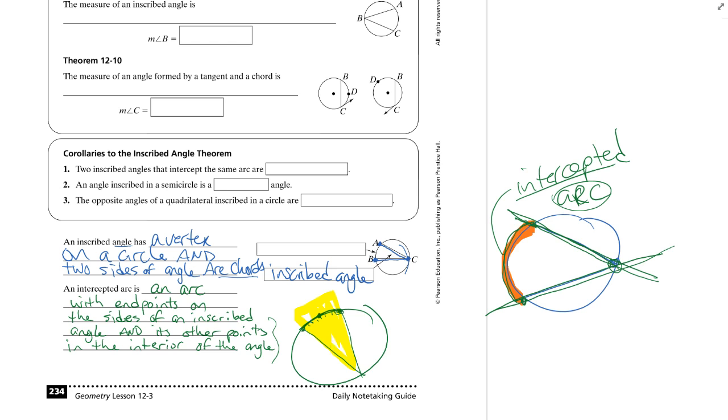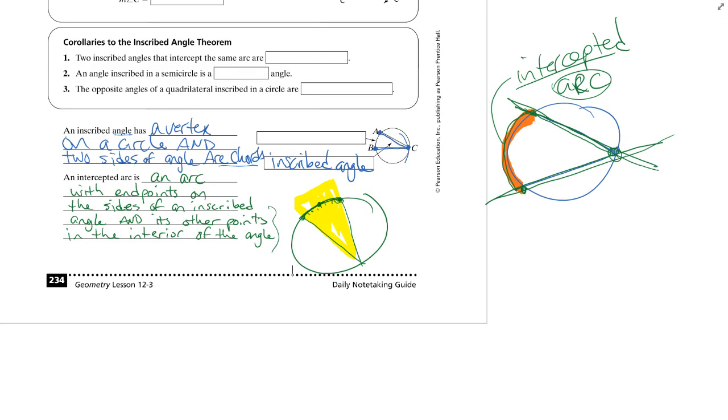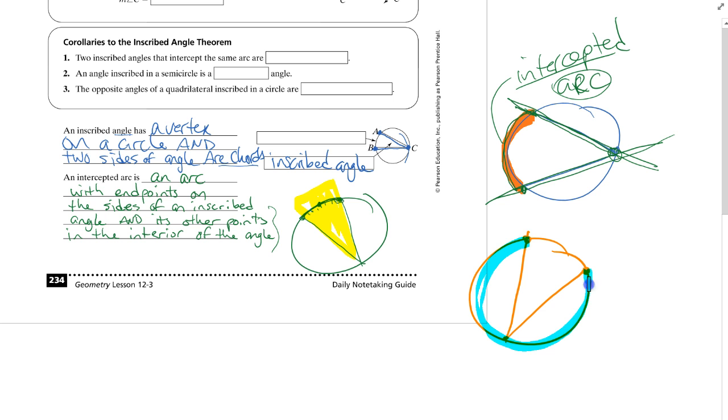Ooh, well, what would it look like if they weren't? So here's a not inscribed, not an intercepted arc. So if we talk about here to here, what if I started caring about this arc? Whoa. Because after all, it has a vertex on a circle, and two sides of the angle are chords. So why can't this be the arc that I'm intercepting?